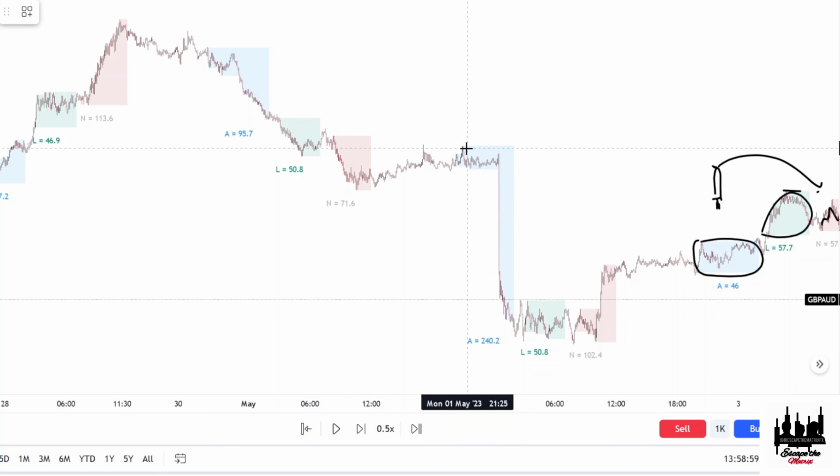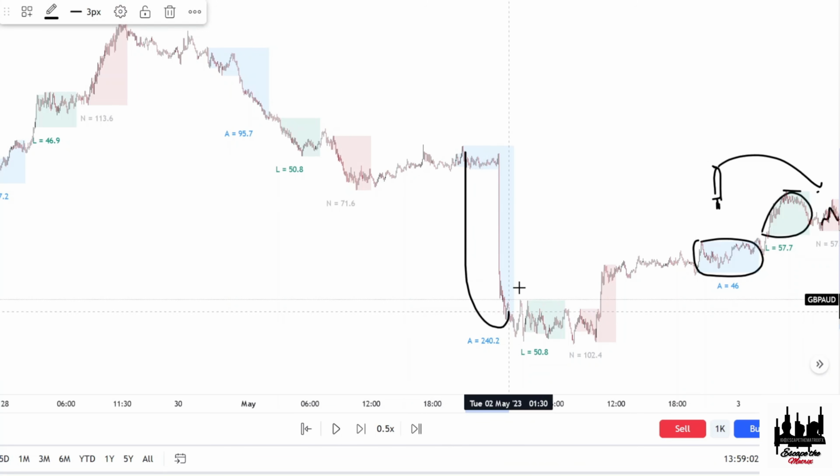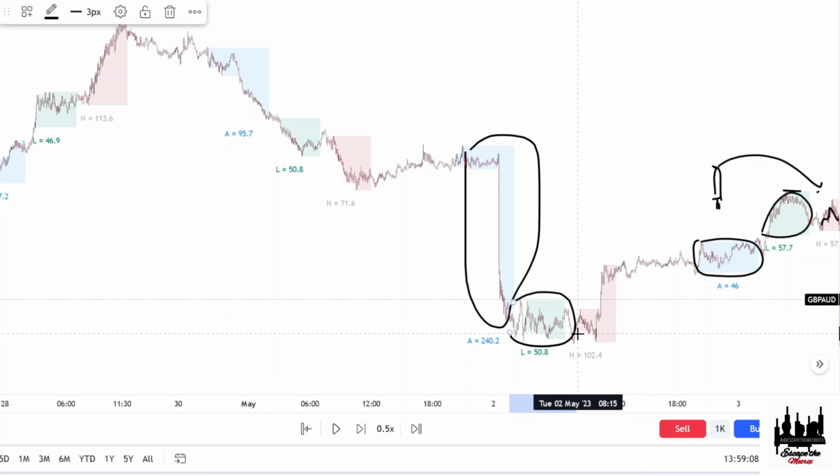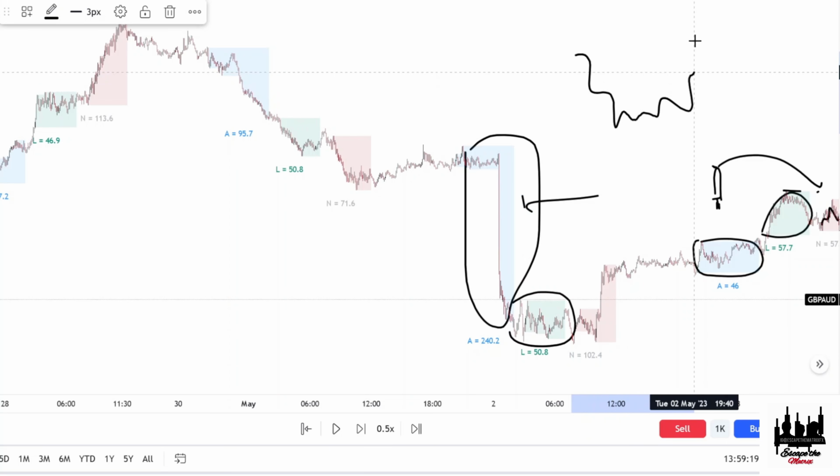So here we have a bearish Asian session, but we have a consolidating London session. What would the New York session be? It would be the opposite direction of the Asian session. Why? Because price went down, consolidated, and is going to go up.